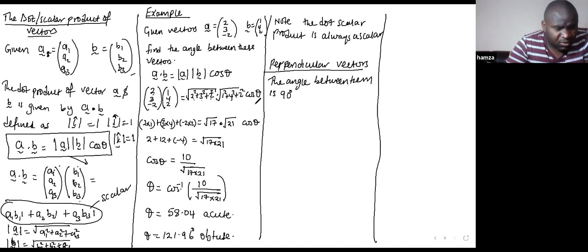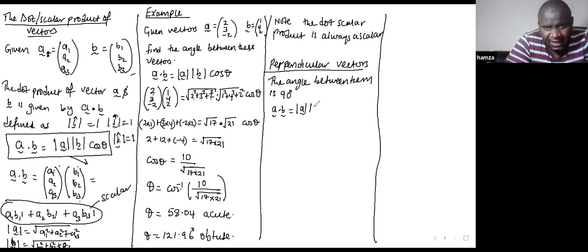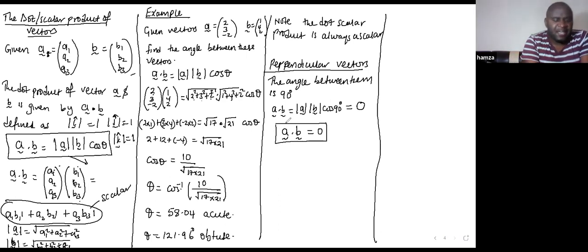So if the angle between them is 90 degrees, it implies that if I dot a vector A and a vector B, I'll get magnitude of A, magnitude of B times cosine of 90 degrees. But the cos of 90 degrees is 0. So it means if you dot A and B, and the answer is 0, then A and B are perpendicular to each other.